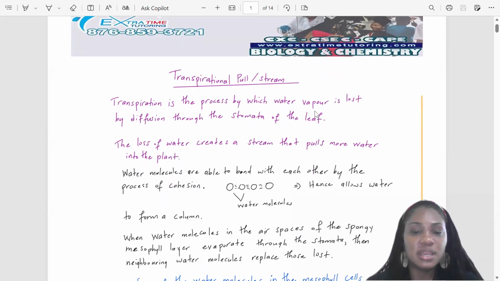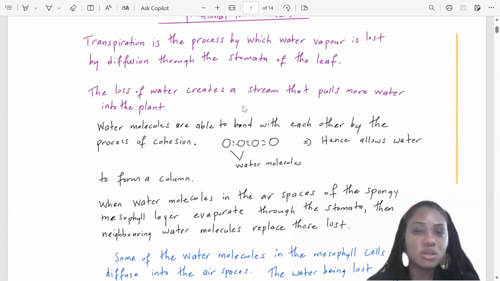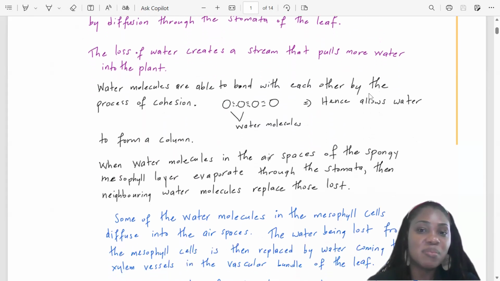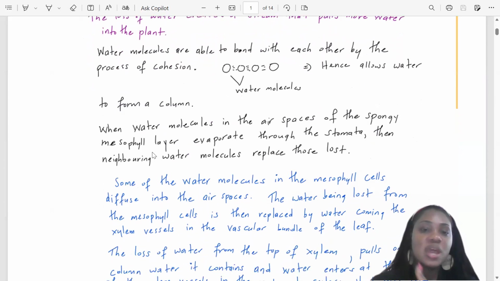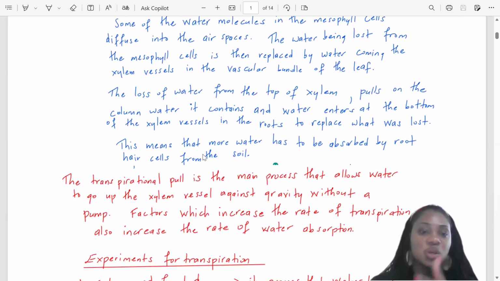It's saying that it is a process by which water vapor is lost, and the loss of water creates a stream that pulls more water into the plant. Water molecules are able to bond with each other by a process known as cohesion, and so it allows water to act like a column, and then it describes the very process we already discussed.